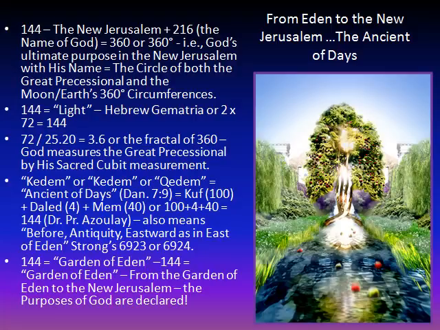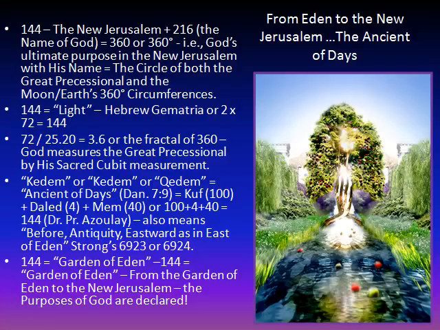Now 72 divided by the 25.20 measurement of the sacred cubit is equal to 3.6, or the fractal of 360, that is 360 degrees. God measures the great precessional by his sacred cubit measurement.